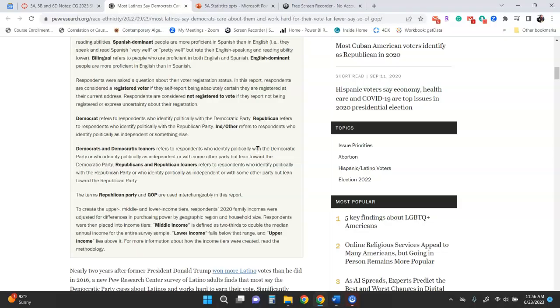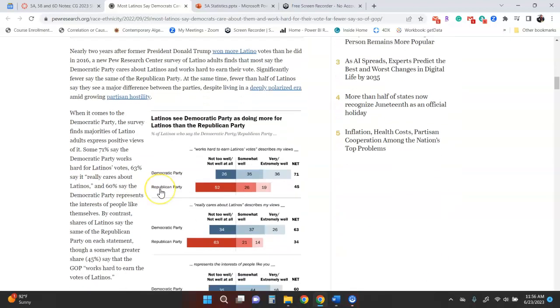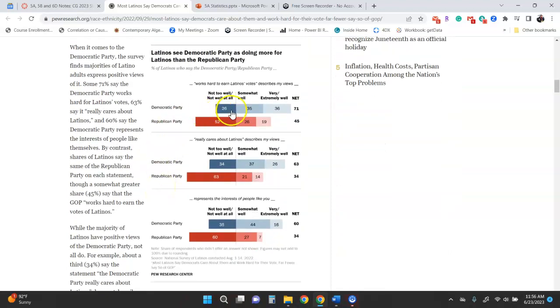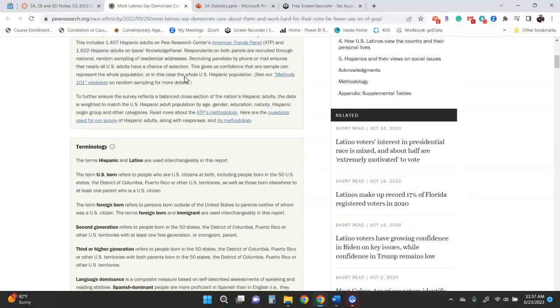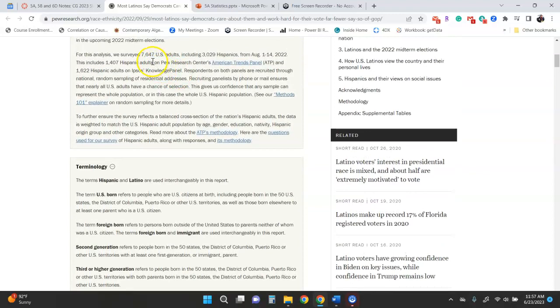If we look back at this particular survey, where it says 26% of Latinos say the Democratic Party not too well or not well at all, that's 26% of the sample that was asked. So 26% of our 7,647 people that were in the sample.